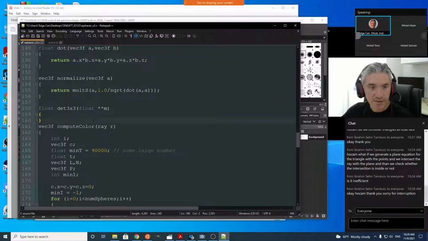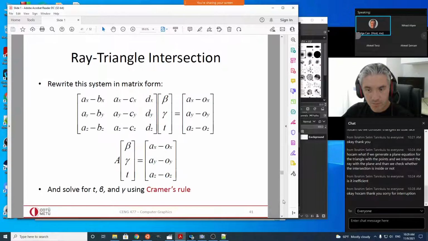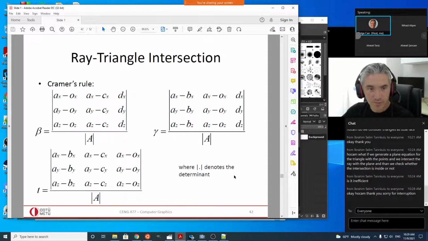And after that, just use the determinant function to compute these 3 determinants. Form these matrices, form 4 matrices with these values. All of the values you have here are known things from your ray and triangle. These are your triangle's corners, your ray origin, and your ray's direction.